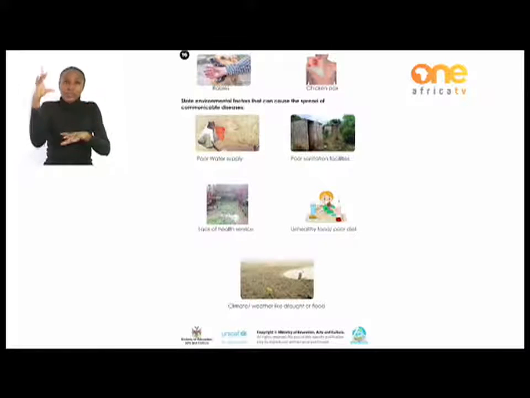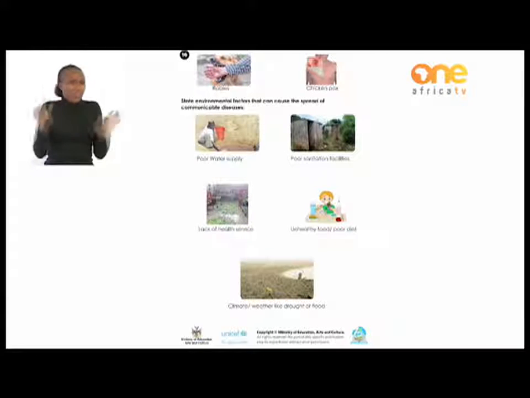You will have a fear of water, and you will also be a violent person. And lastly, there is chickenpox. You will have high temperature, headache, and you will not want to eat food.